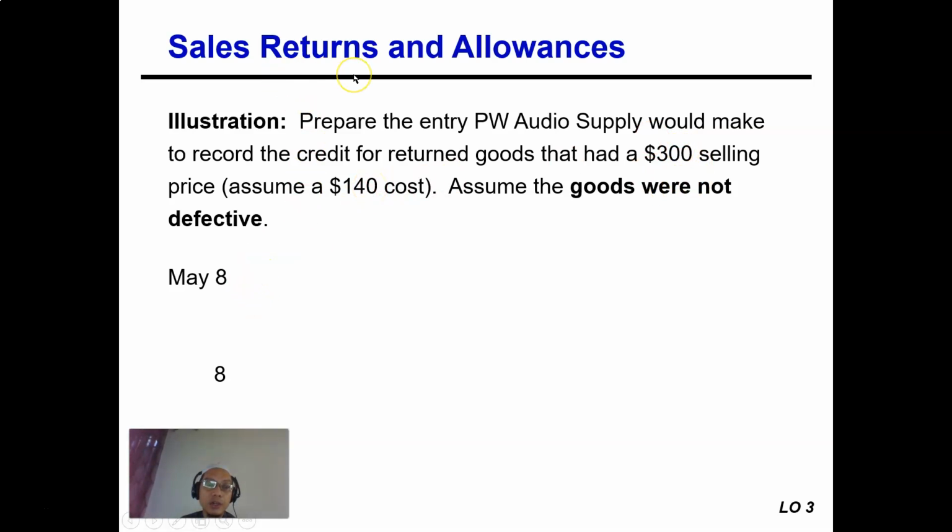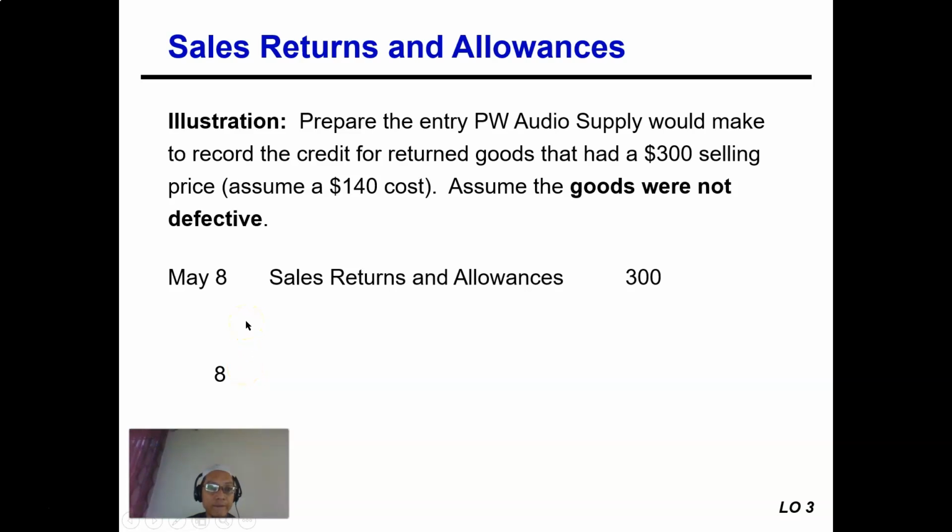Again, sales return is a contra to sales. Similarly, the accounting records should also show the same. There should be two sets of recording.